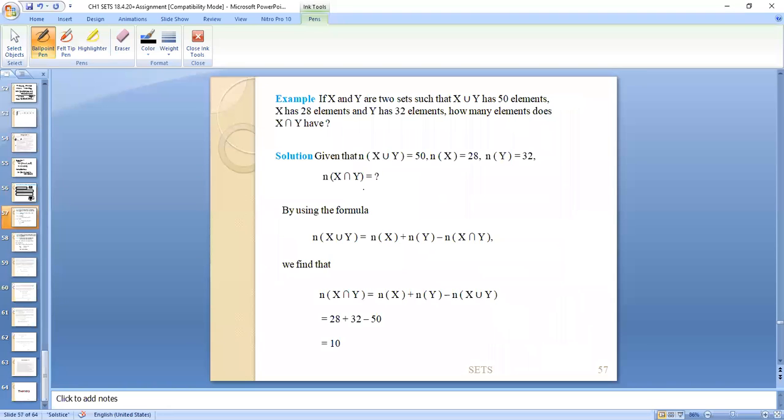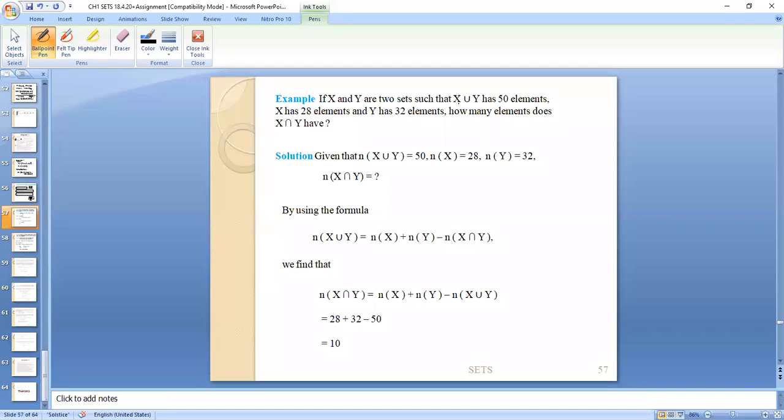Then we will be going for questions. The first question is: if X and Y are two sets such that X union Y has 50 elements, X has 28 elements, and Y has 32 elements, how many elements does X intersection Y have? Right?